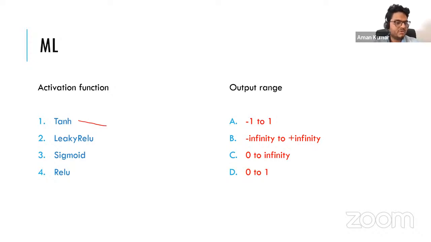Anybody else to validate or counter Rafi's answer? I can take the specific questions later, don't worry. But first let's go through this. Anyone else? Can you please answer this? This is kind of match column A to column B.